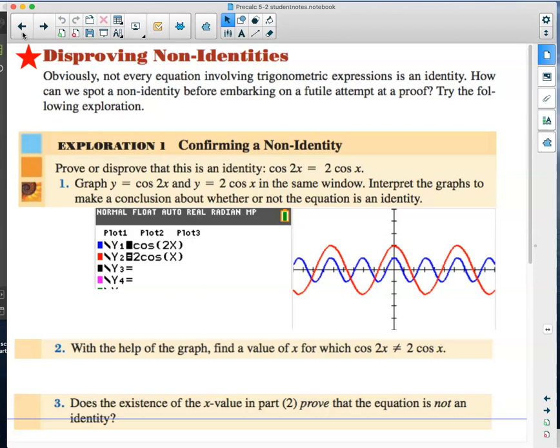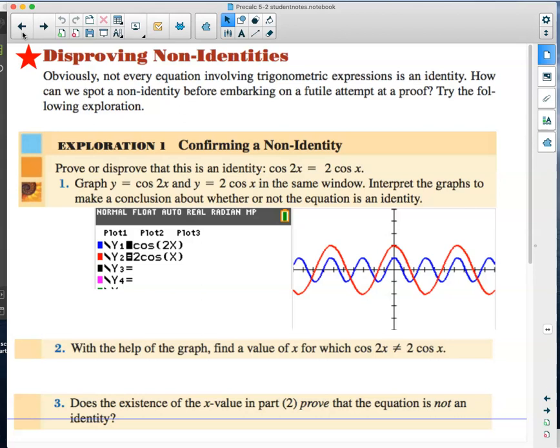Try the following exploration. You don't want to do that, because what I mentioned yesterday was your proofs start out small, they get bigger, and then they should pull themselves back in. If you find yourself out here and it's just going and going and going, something's wrong. Either it's something you can't prove, or you made a mistake and you should just erase and start over and go a different way.